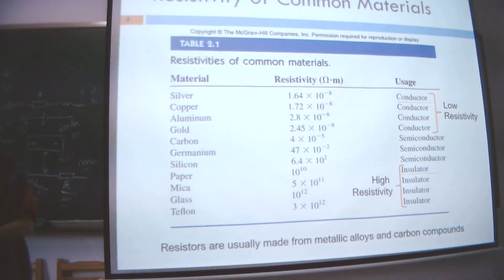So what is a conductor in our life? Everything like this material is a conductor. It's called 金属.